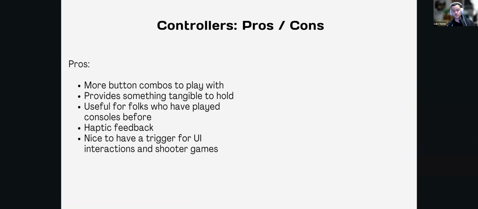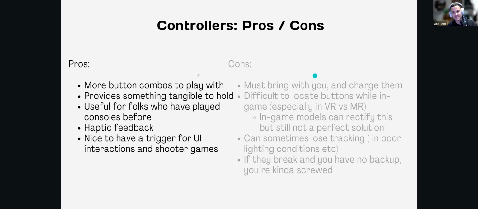The haptic feedback is really good, especially for tutorial levels and teaching people stuff, just to give them a small indication that they're doing the right thing. Also a trigger is really handy for UI interactions. Like I mentioned, you can get a little bit more accuracy than with the hands. And for shooting games, the finger gun thing is cool, but shooting a trigger is shooting a trigger.